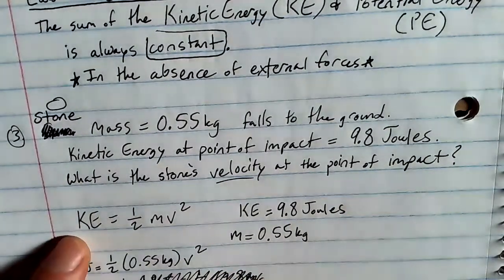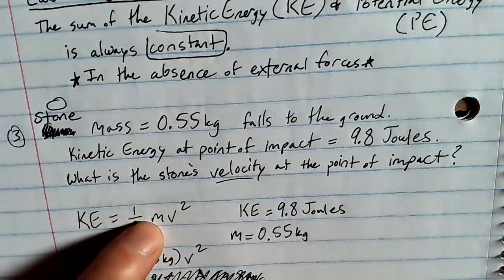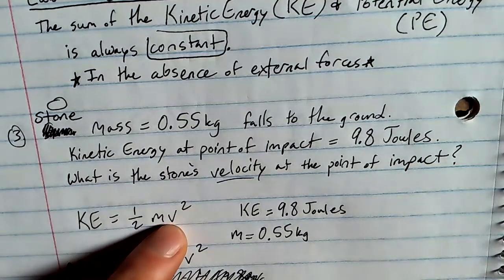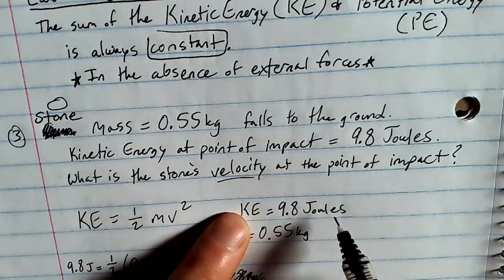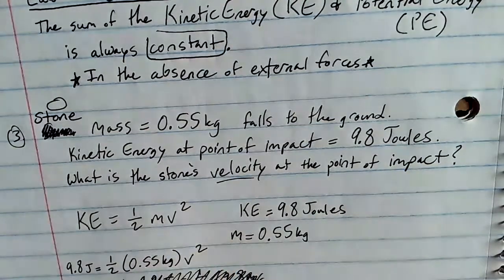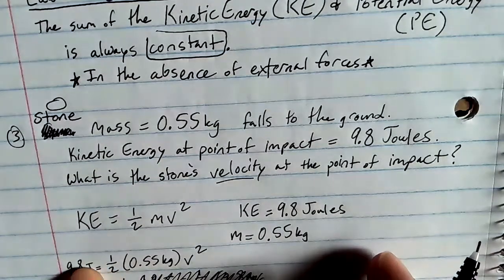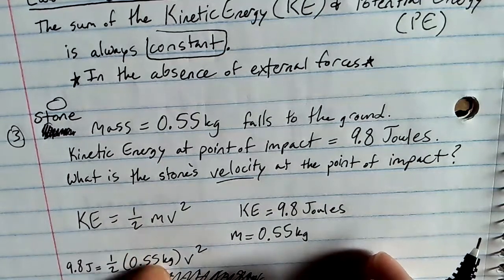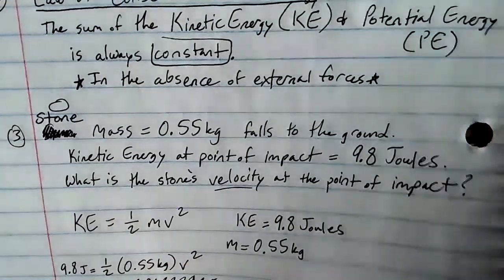Well, we know the equation for kinetic energy is equal to 1/2 times the mass of the object times the velocity of the object squared. We know the kinetic energy is 9.8 joules. We know the mass is 0.55 kilograms. So we plug that into the equation: plug in 9.8 for KE, 1/2 times m, which is 0.55 kilograms, and you need to solve for v.